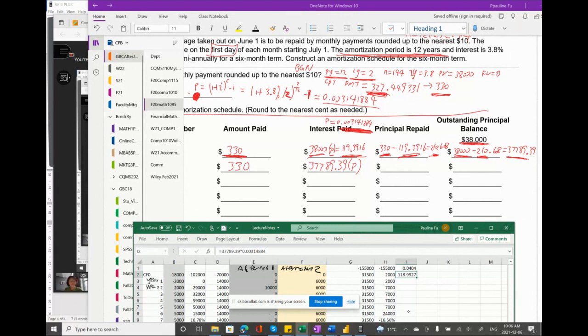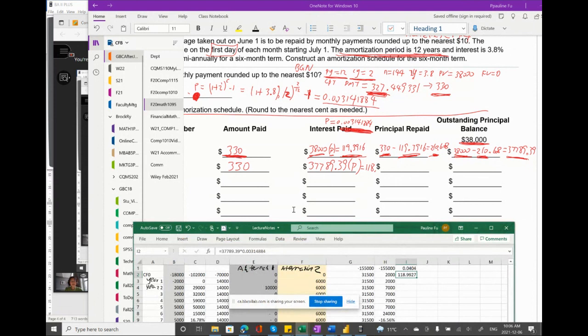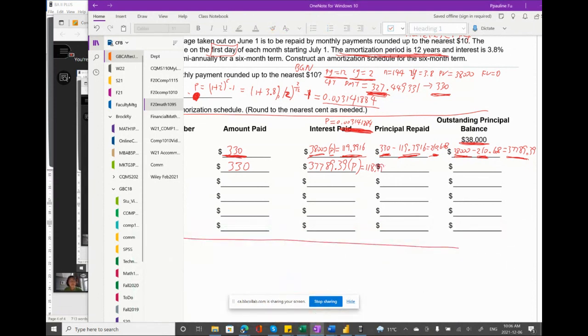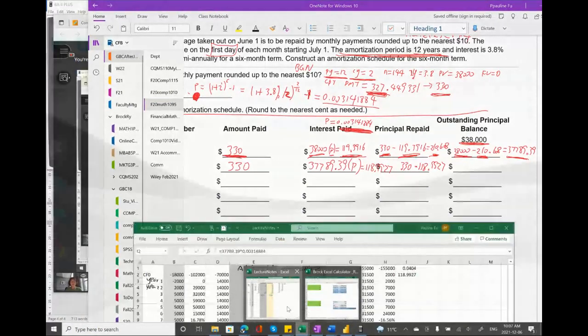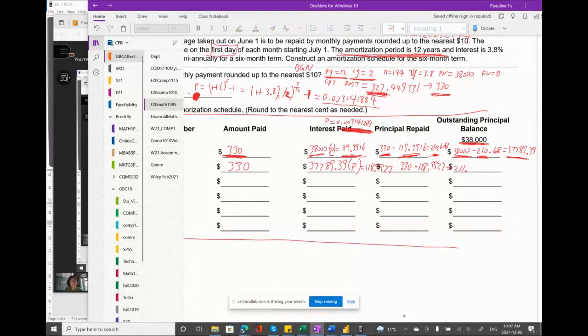118.9927. So that is the interest paid, $118.99. And for the principal paid, use monthly payment, $330 minus 118.9927. You get principal repaid, $211.